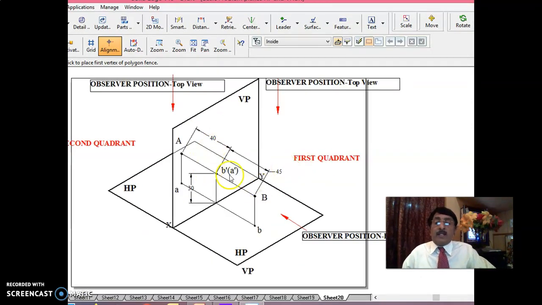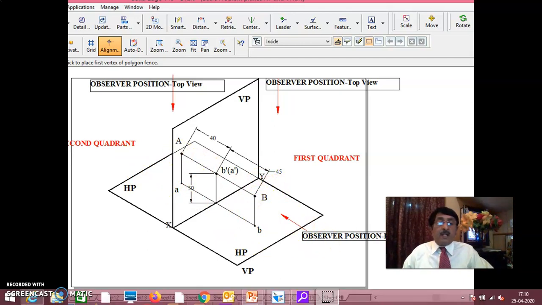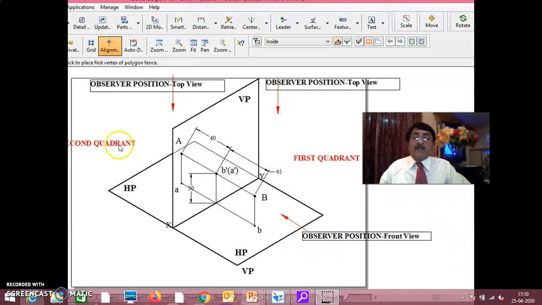Now I have written here clearly. Let us say one point B is here, another point A is here. I have told you the frontier is above XY line. That means it should be in the first and the second quadrant only. B is here, A is here.